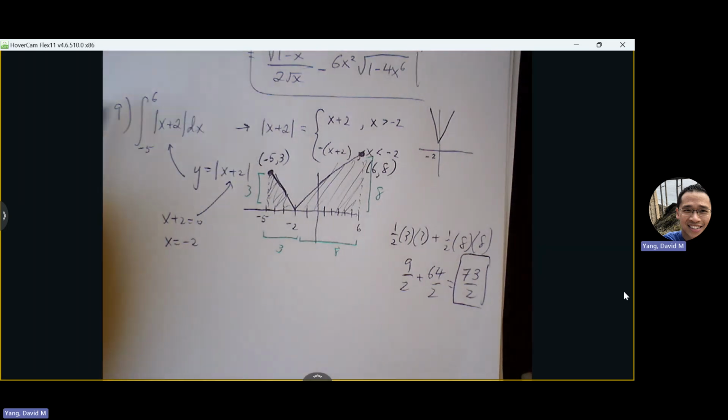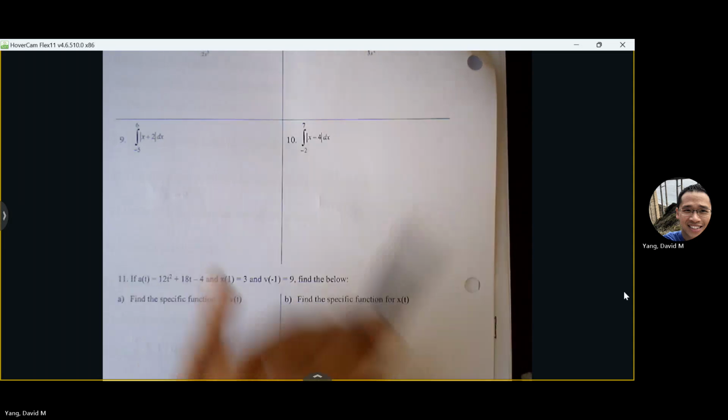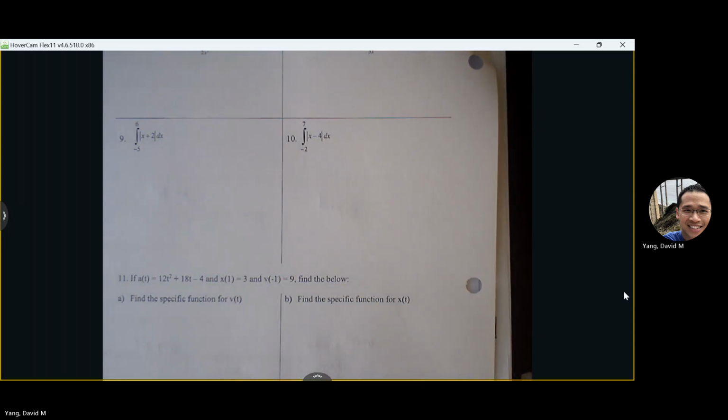Okay, so I just want to make sure that we are good with this. Can we try number 10 and see if this makes sense? Find your vertex, draw your triangle, find your dimensions, and add up the areas of those two triangles. Into the original function. Yep.